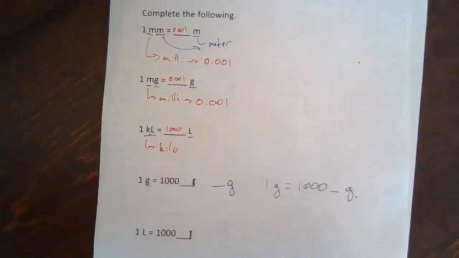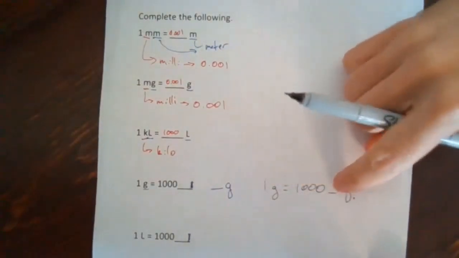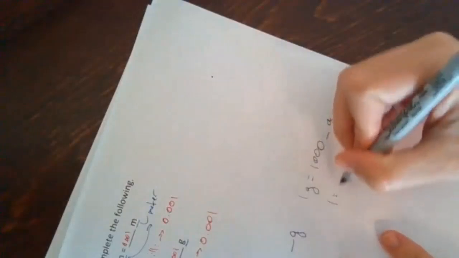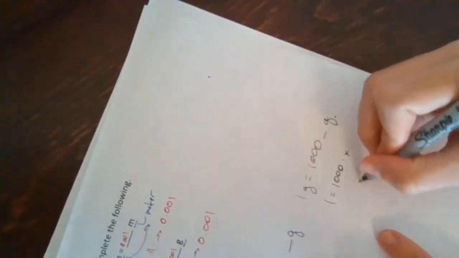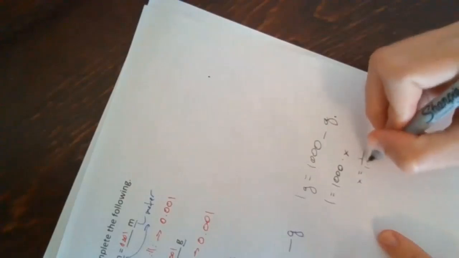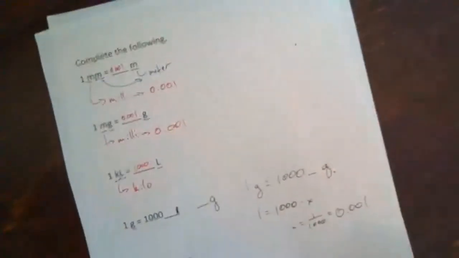And we know those prefixes have a numerical meaning, right? They have a numerical meaning. So what it would be is it's 1,000 times what equals 1, because the grams don't change. So 1 is equal to 1,000 times whatever x is. We can say that x is equal to 1 divided by 1,000, which is 0.001.